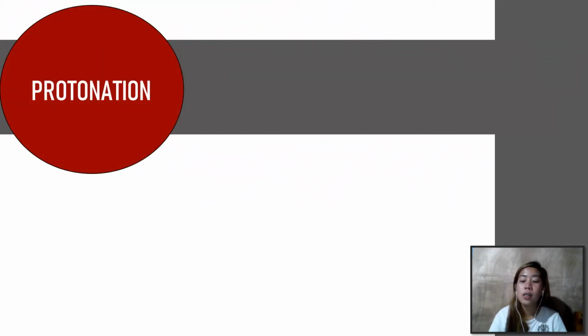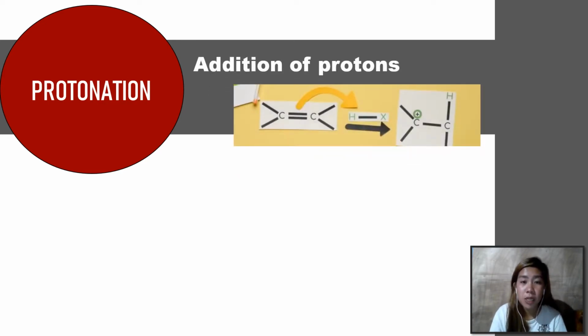Next on the list, we have protonation. When we say protonation, this simply means addition of a proton. This is a process by which a proton is added to a certain atom. Let's say, for this example, we have an ethene here, and the ethene reacted with a hydrogen halide, in which the halogen is unidentified.